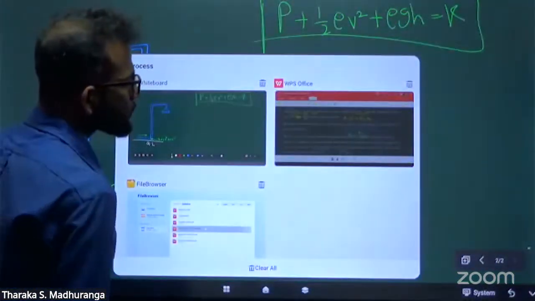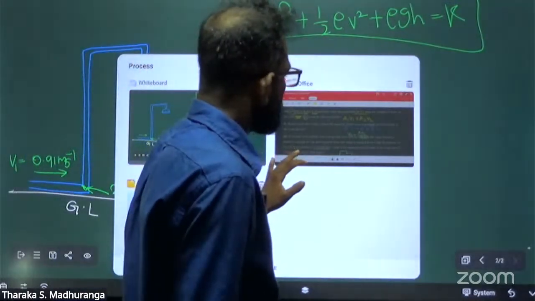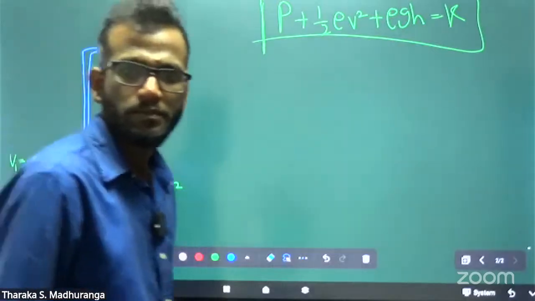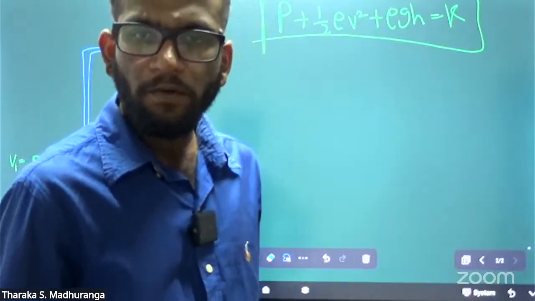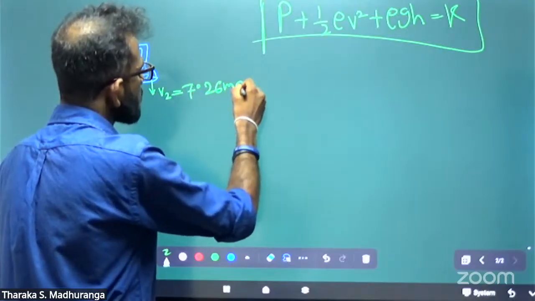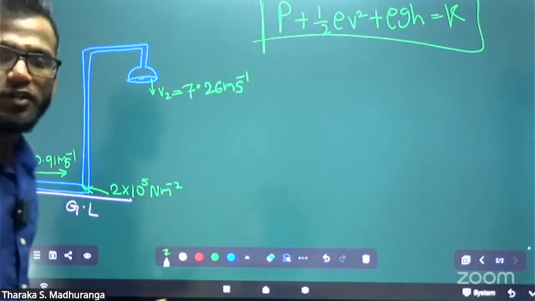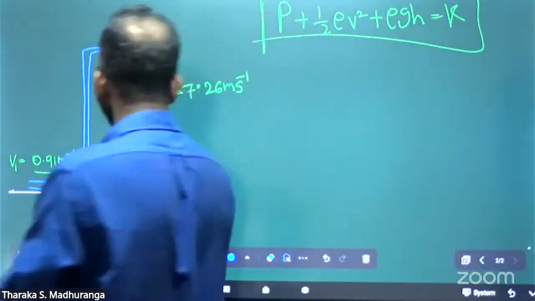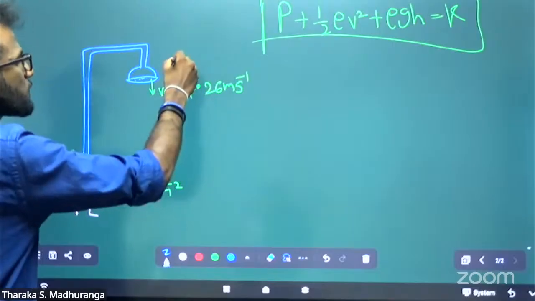What is the previous part answer? 7.26 meters per second, m s^-1. It is flowing as a continuous flow, therefore the speeds are the same. There is no way to change these values. And the question asks for this pressure.